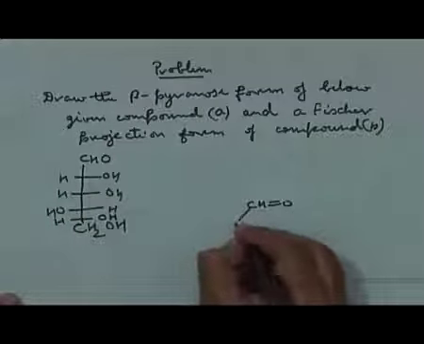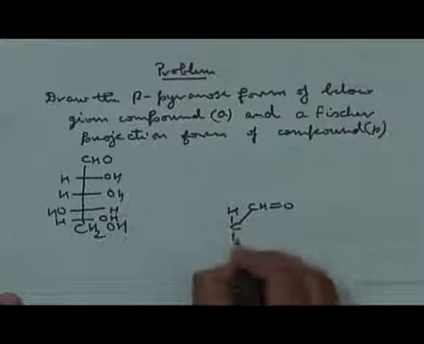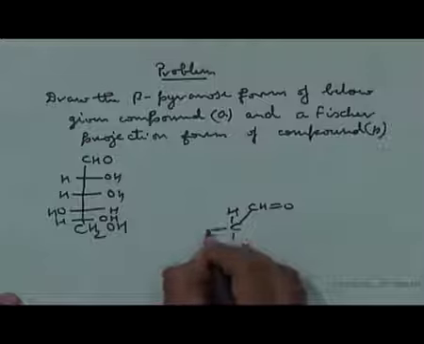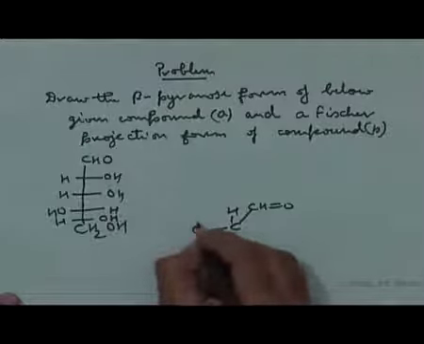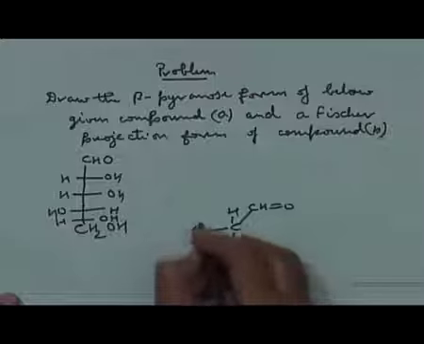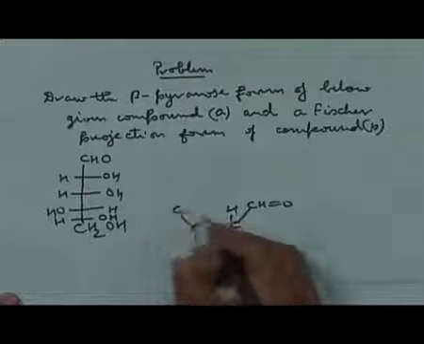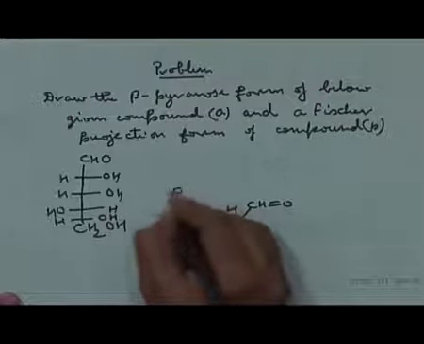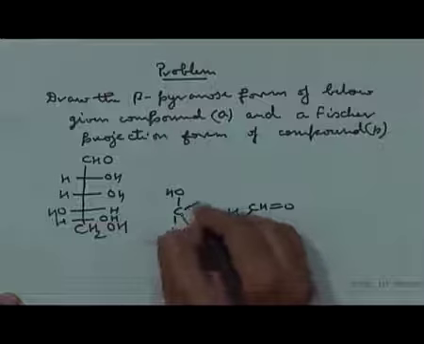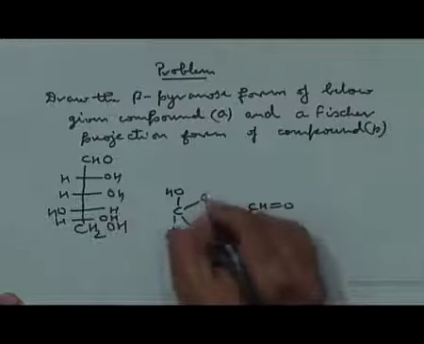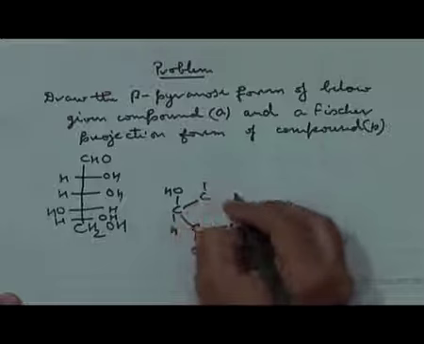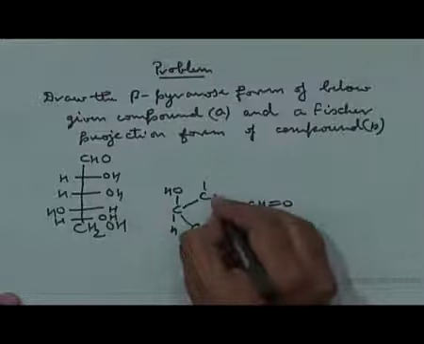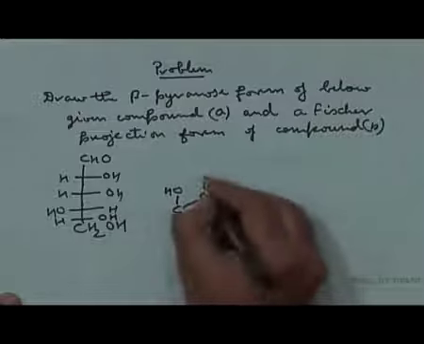So, it has a hydroxyl group on the right hand side, then the third carbon which again has a hydroxyl group on the right hand side, and then the fourth carbon where the hydroxyl group is on the left hand side, and the fifth carbon which has a hydroxyl group on the right hand side and CH2OH group.